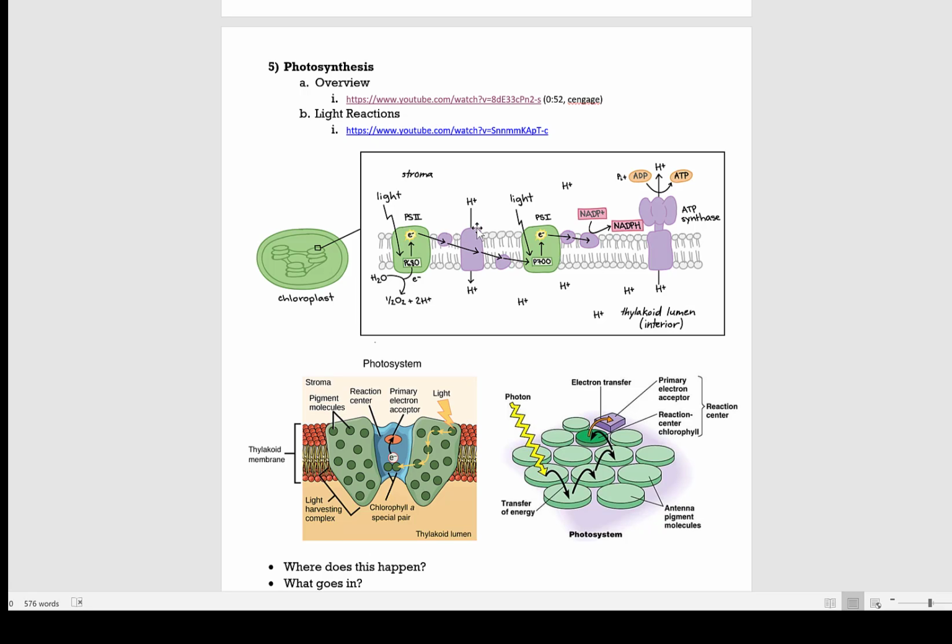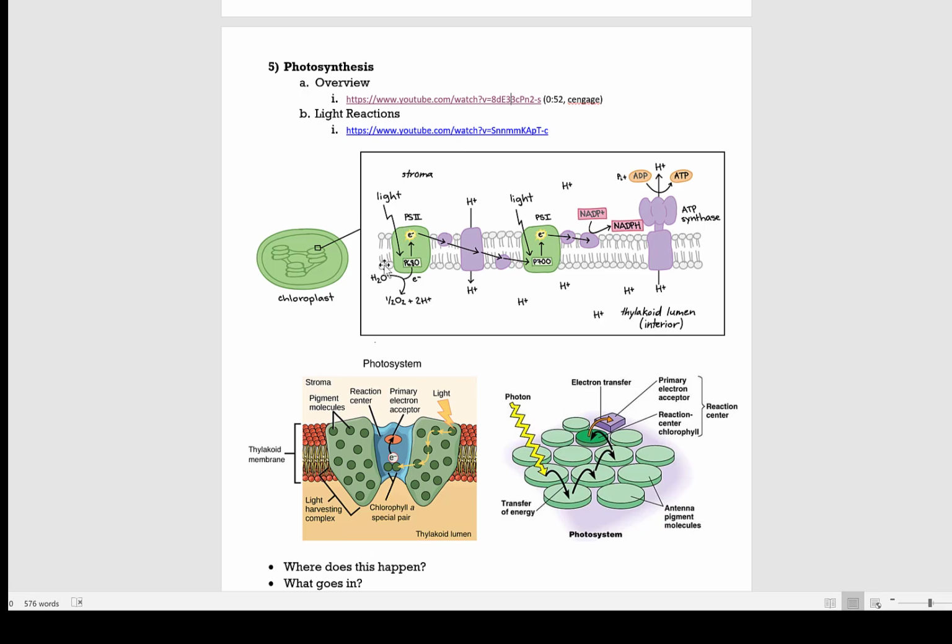All right, this image is from the Khan Academy, and they have a lot of really good images as well. This shows the pathway of the electron transport chain, and then also ATP synthase again. Some of this looks familiar because it is very similar to what we saw in cellular respiration.